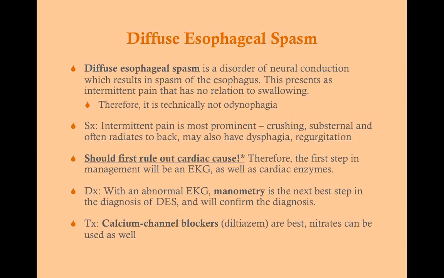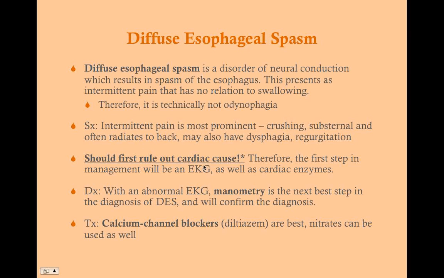So the point I wanted to address here, though, would be that you got to keep in mind how you're going to triage what your possible differential is. If you have a patient that comes in with crushing substernal pain, you've got to be thinking cardiac before GI. Diffuse esophageal spasm is not going to kill you. MI could.